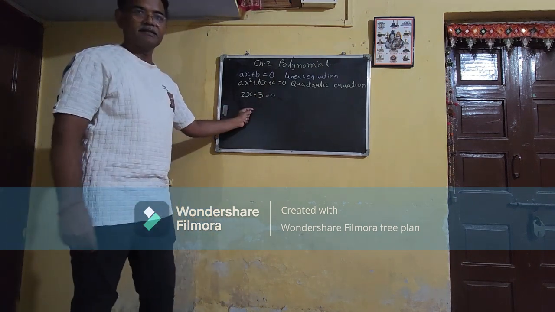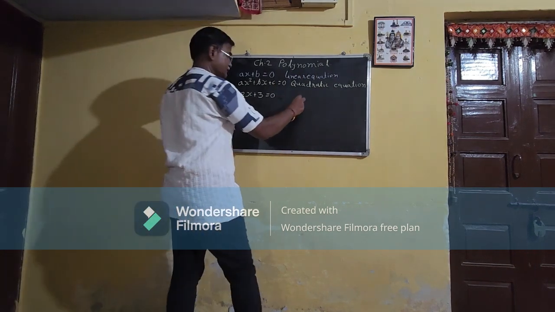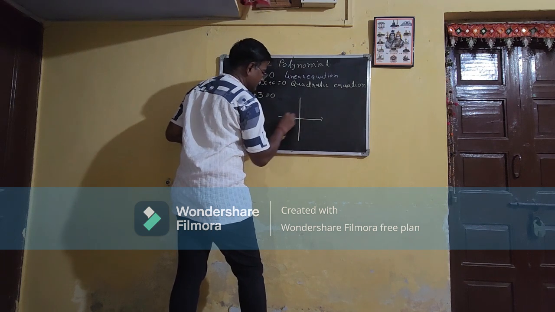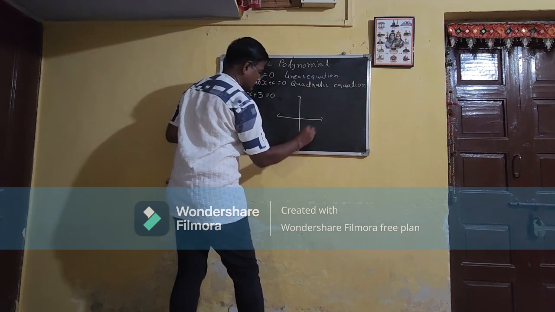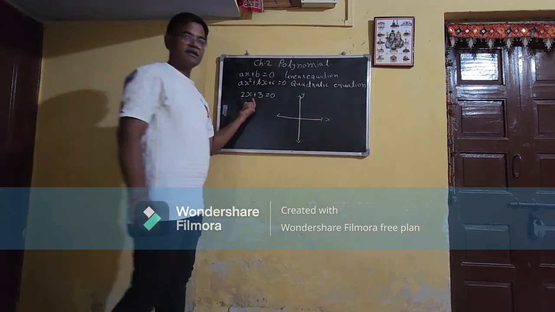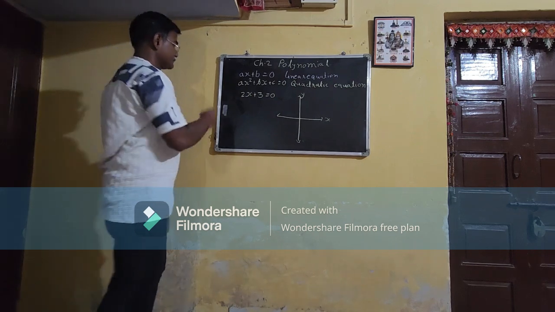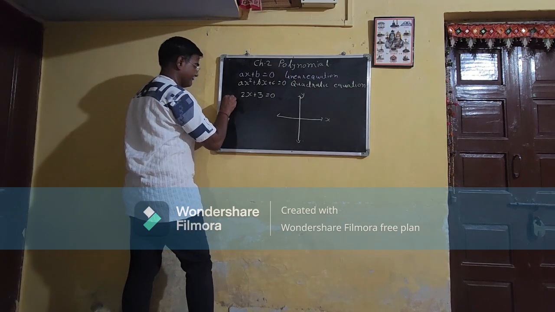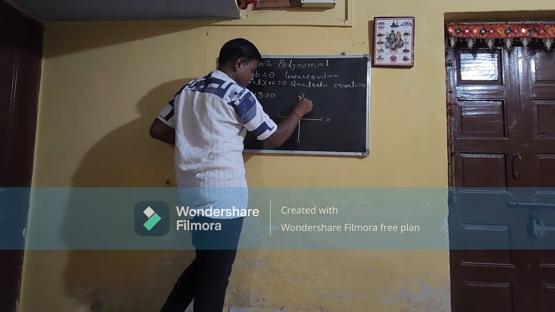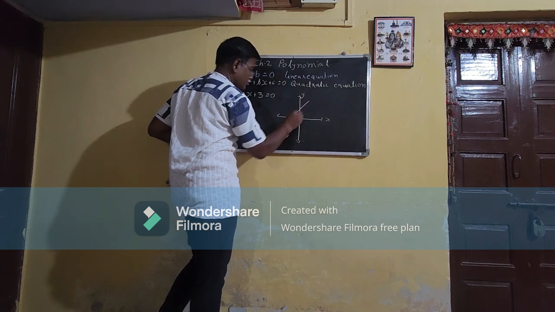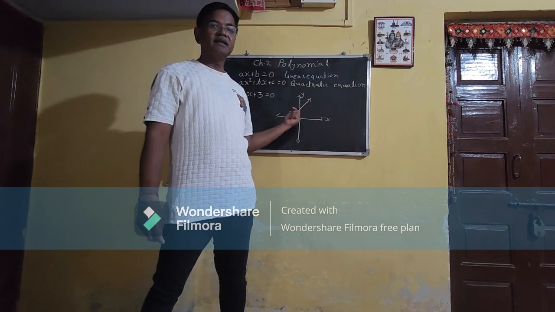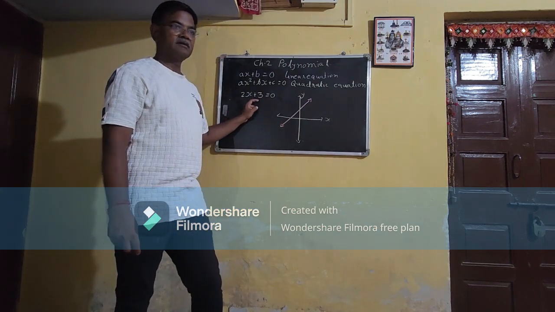It's a linear equation, and we are drawing a graph for this linear equation. 2x plus 3 is a linear equation.